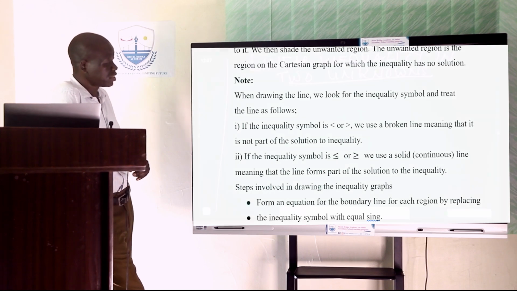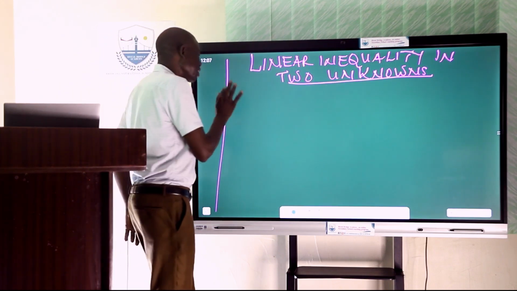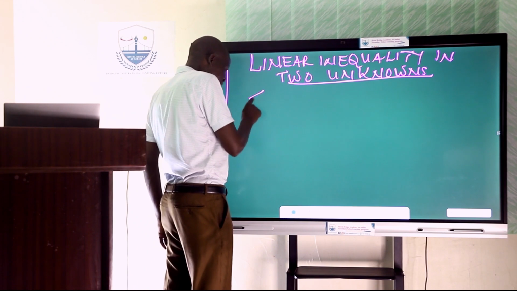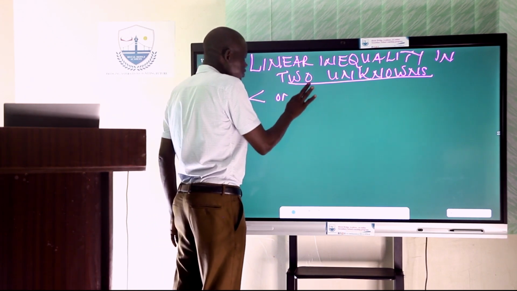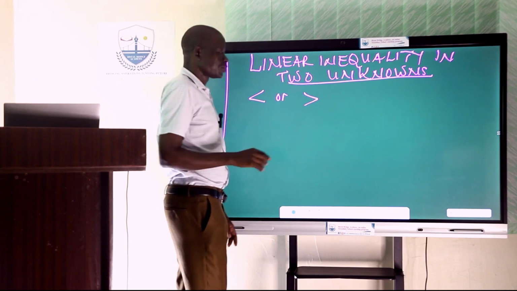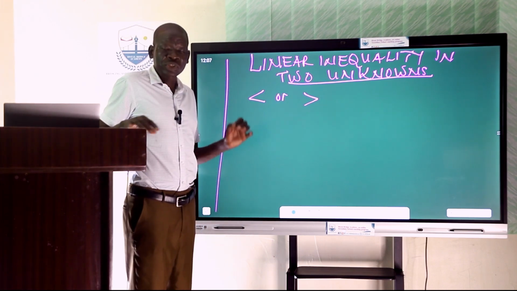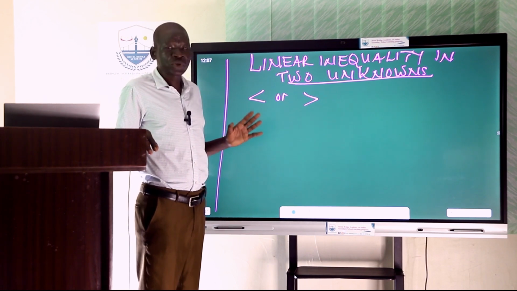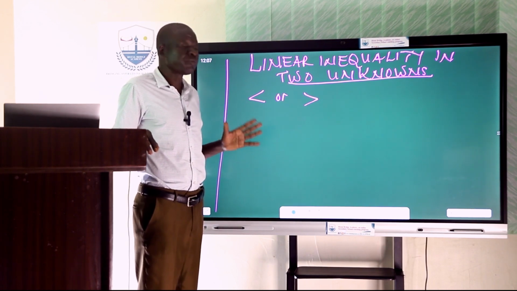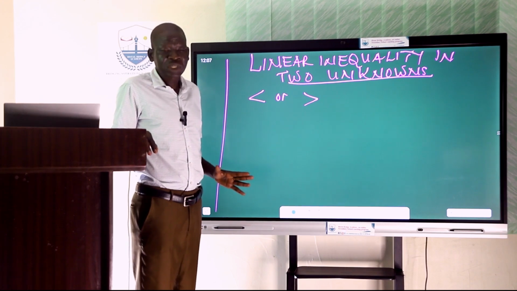To the inequality. So this is what I mean, that if we have less than or greater than, we use dotted lines to draw what we call the boundary line.